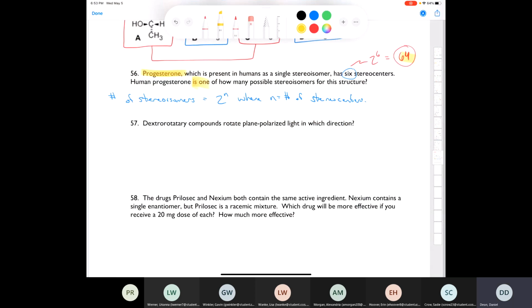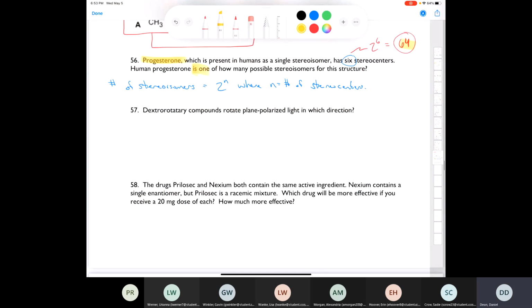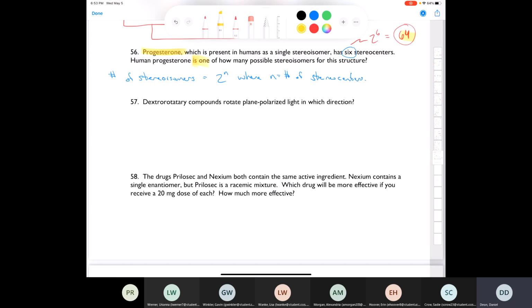All right, question number 57. Dextrorotatory compounds rotate plane polarized light to the right. Levorotatory compounds rotate plane polarized light to the left.